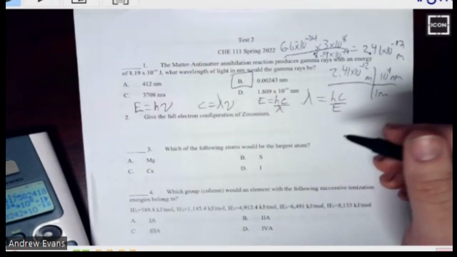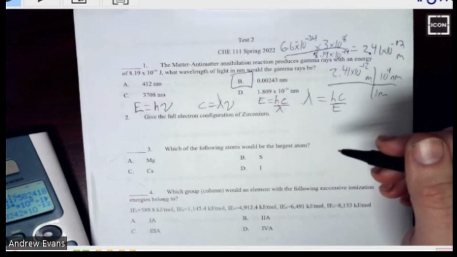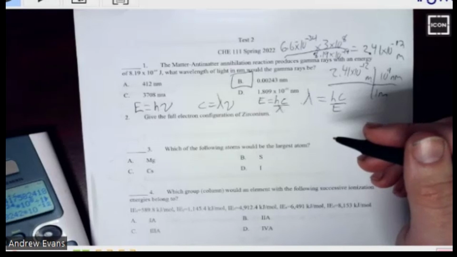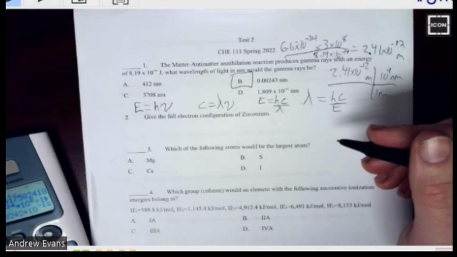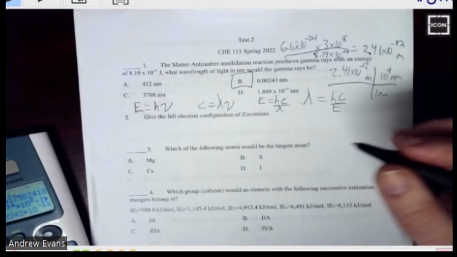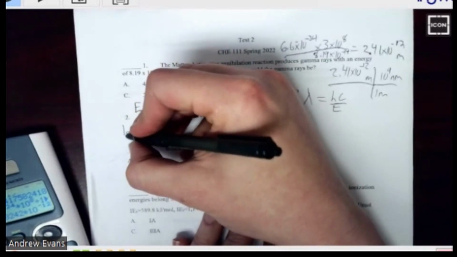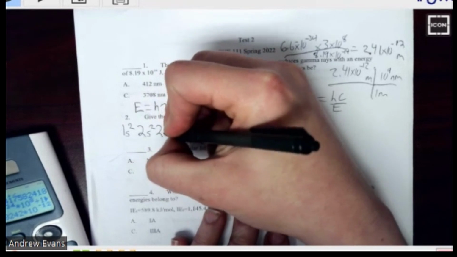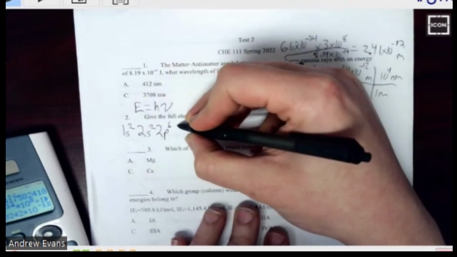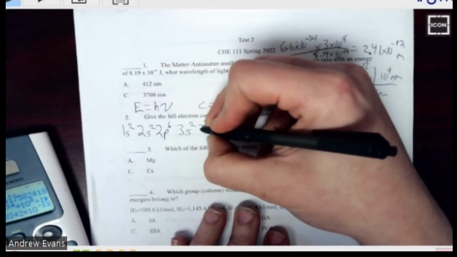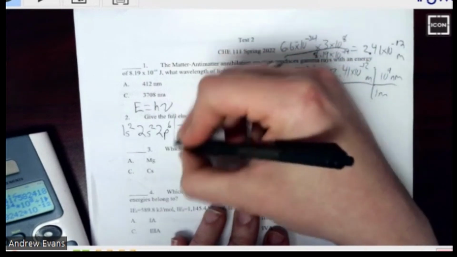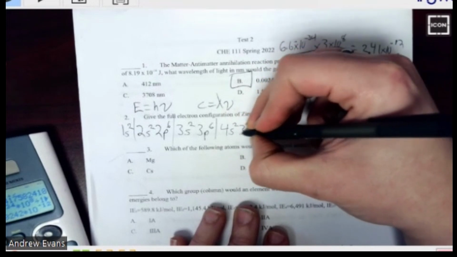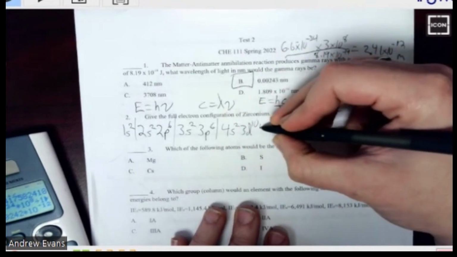Full electron configuration of zirconium. Well, zirconium is the fourth element into the fifth row. So starting away, first row, 1s2, then 2s2, 2p6, 3s2, 3p6, 4s2, here's the hard part, 3d10, 4p6.